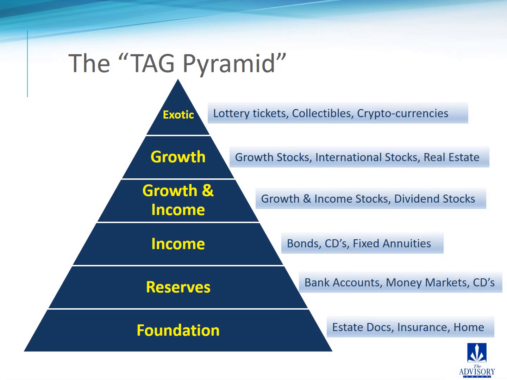Let's first talk about the structure of your planning. This is what we refer to in our organization as the TAG pyramid. It represents the structure with different levels of priority for you to address and potentially seek new ideas. At the very bottom is the foundation.